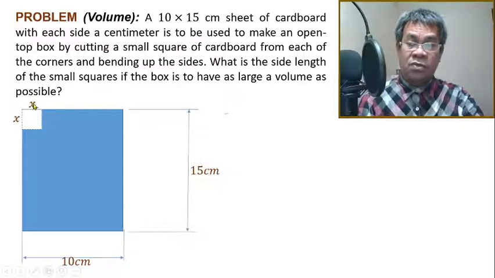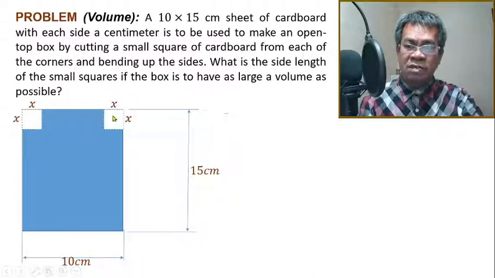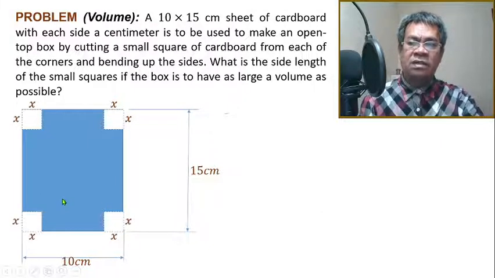You are required to have a square, so that when you fold it, you have the same height of the box. So whatever square is cut at this corner should be the same square on the other side, and the same on the other, and the same on the last corner. So these are the cutting parts of the cardboard.